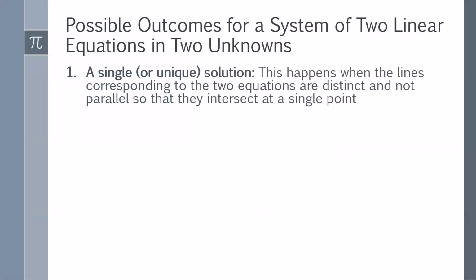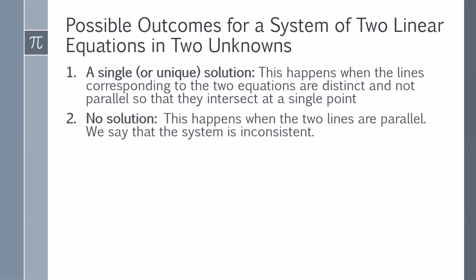So there are multiple possibilities when we're dealing with systems of two linear equations with two unknowns. A single unique solution, which happens when the lines corresponding to the two equations are distinct and not parallel, so they must intersect at a single point. We could have no solution. This happens when the two lines are parallel. A system like this is called inconsistent.